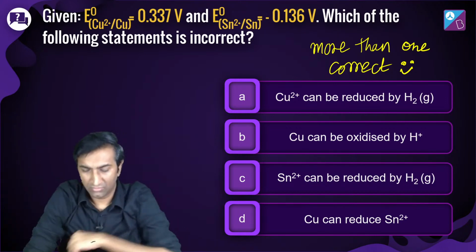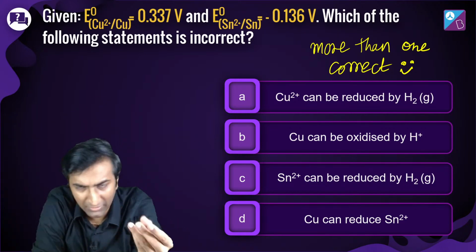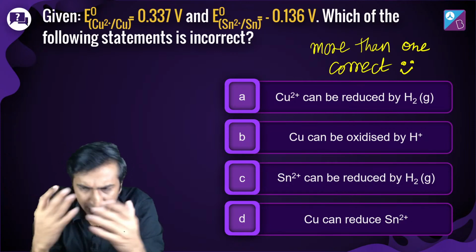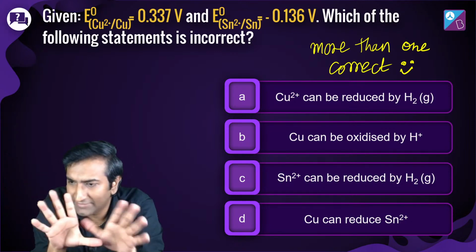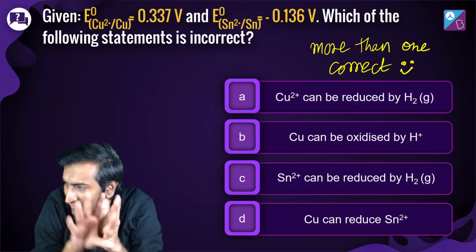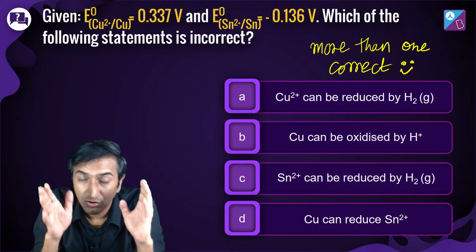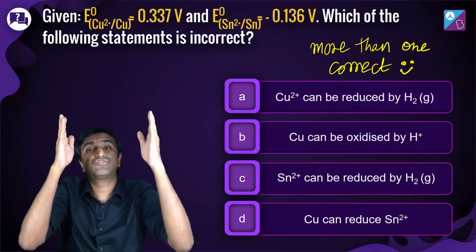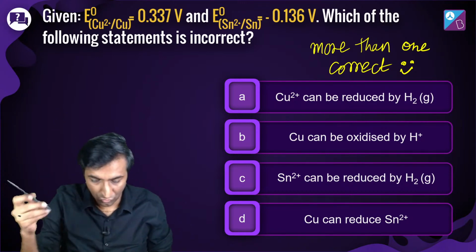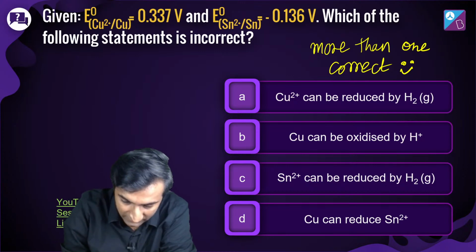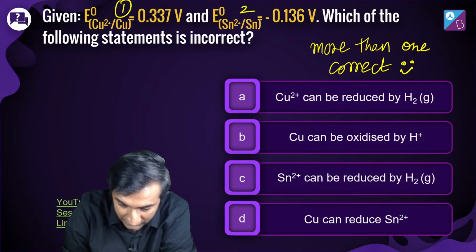Try it out. If you need a bit of help, I'm here. I'll give you a minute. Think about this. It'll take some time. More than one is correct, so you have to think about every option carefully. The hint is, think about it from the electrochemical series. Let's call this 1 and this 2.